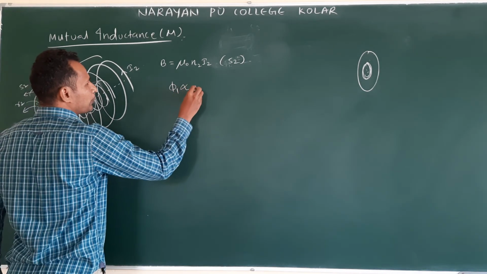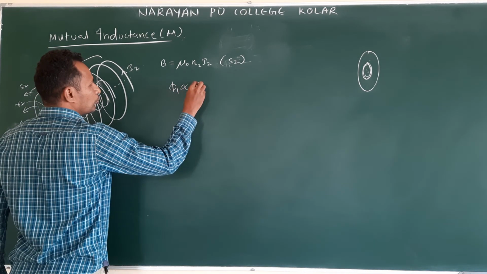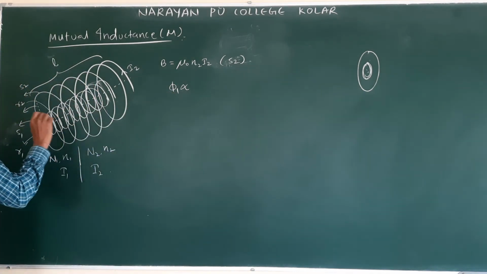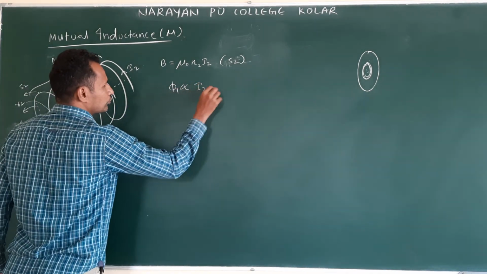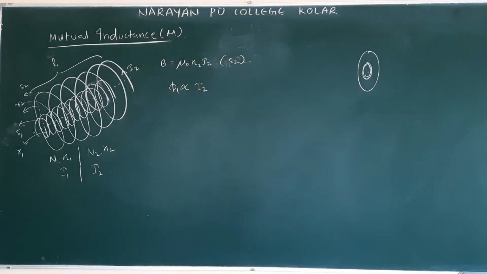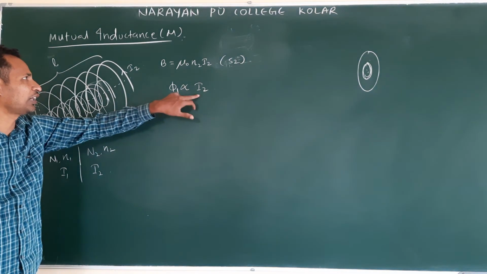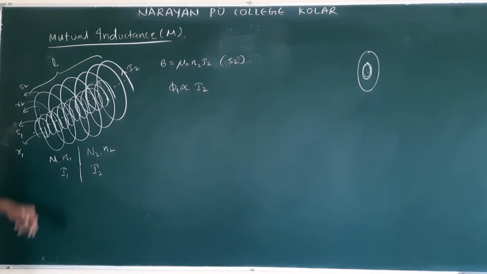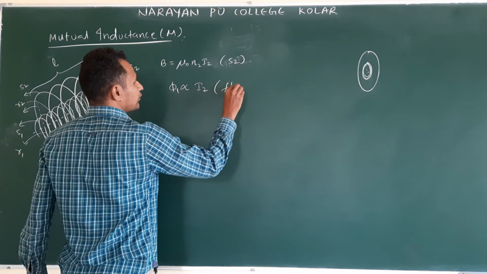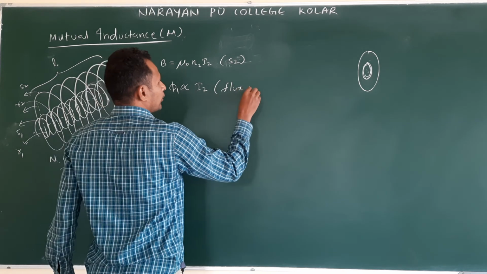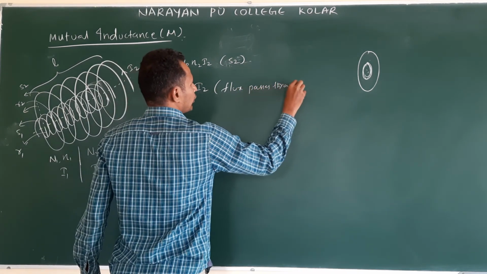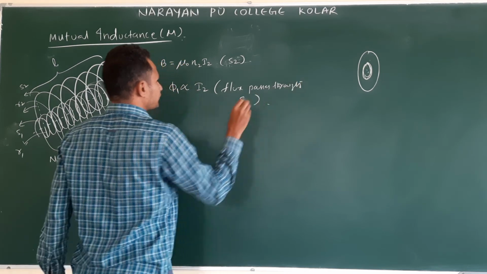This is directly proportional to what? This flux linking is directly proportional to I2. If I2 increases, then B increases, and the flux in the first coil increases. This is the flux that passes through S1.